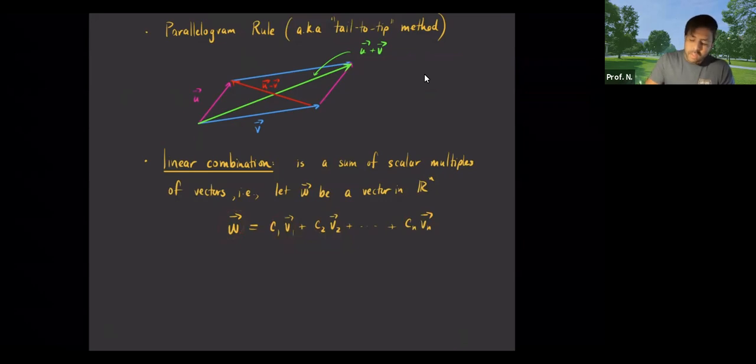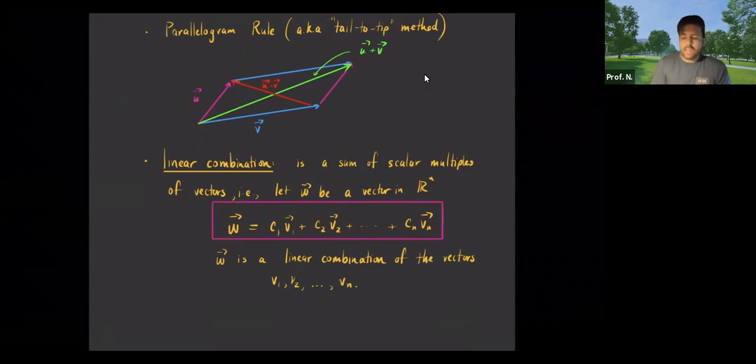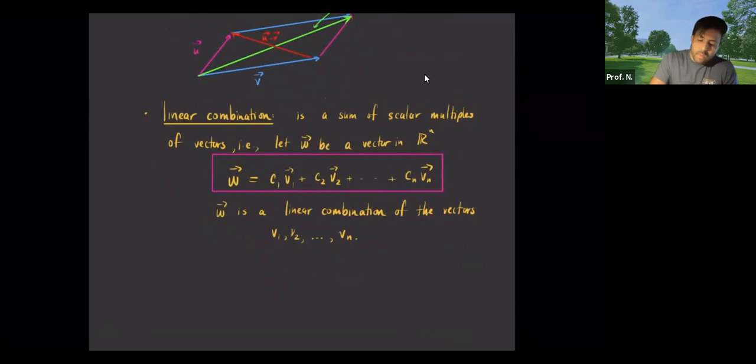So here we would say W is a linear combination of the vectors v1, v2, all the way to vn, right? That's what that means. So whenever we have something expressed in this fashion, we say that the vector W is a linear combination of the vectors v1, v2, vn. All right.